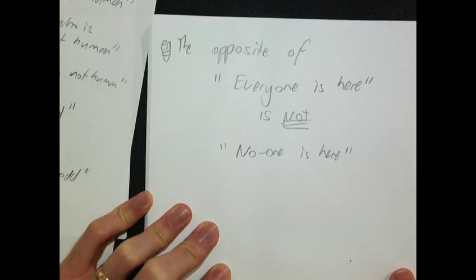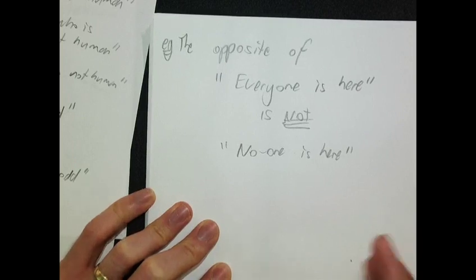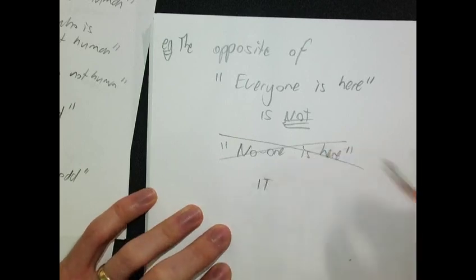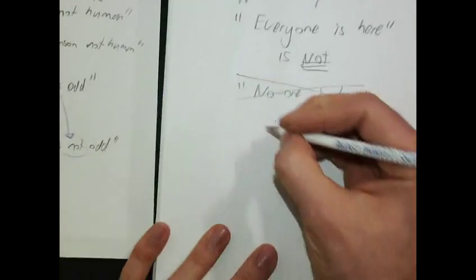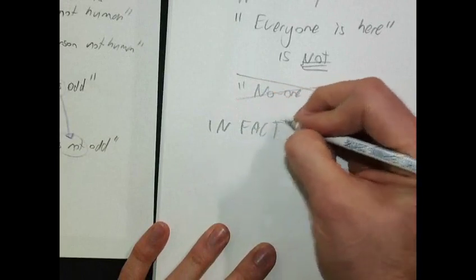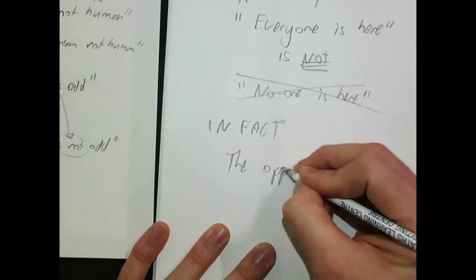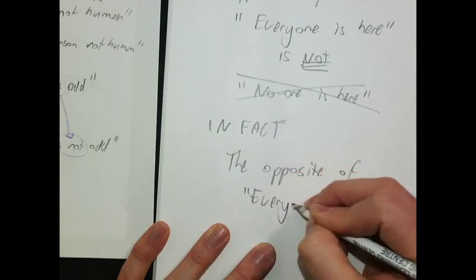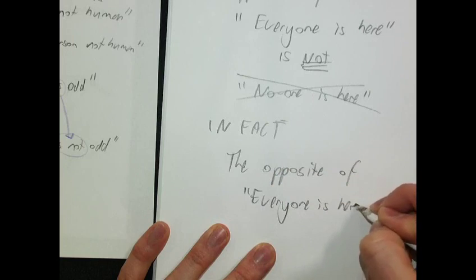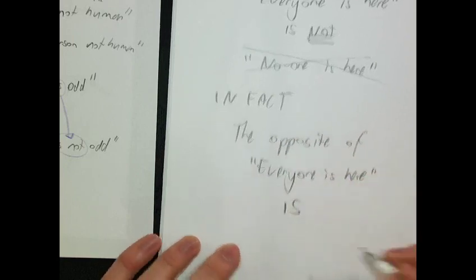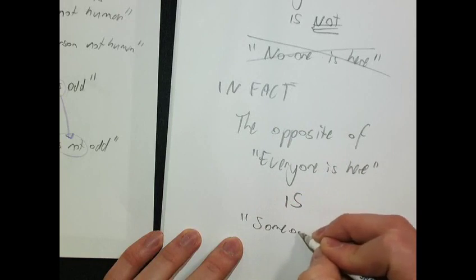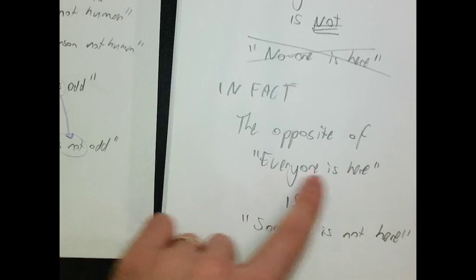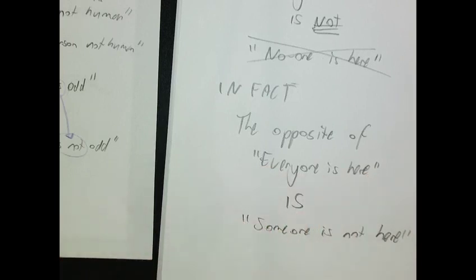That's the opposite. So the opposite of everyone is here is someone is not here.